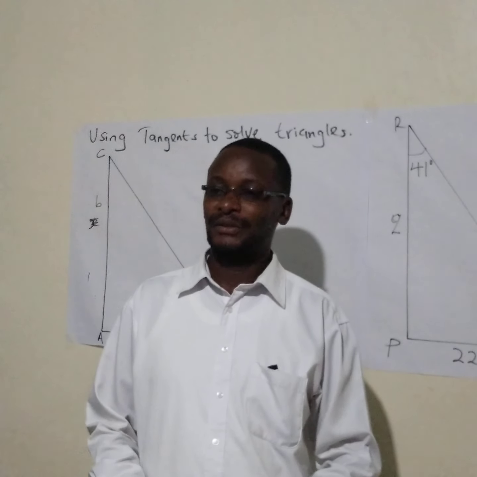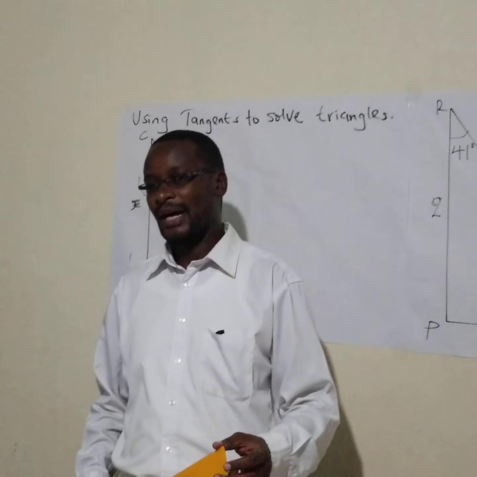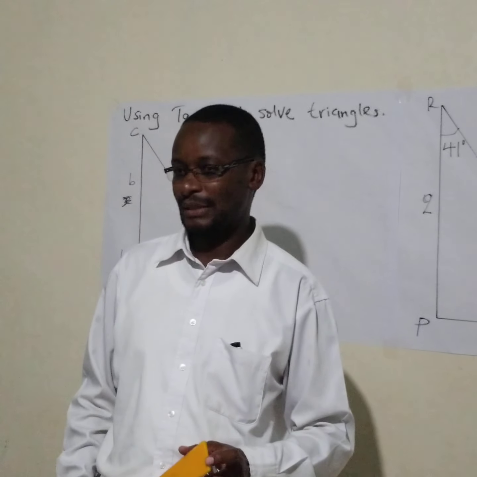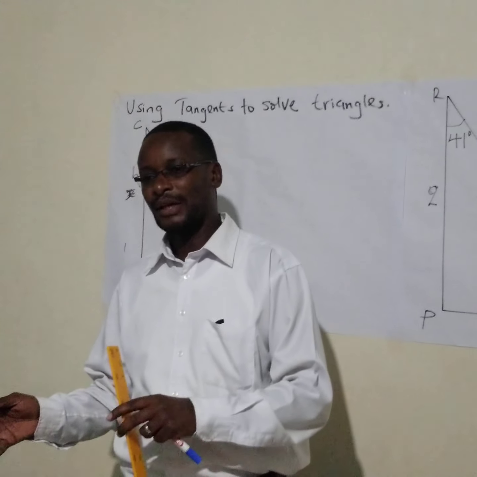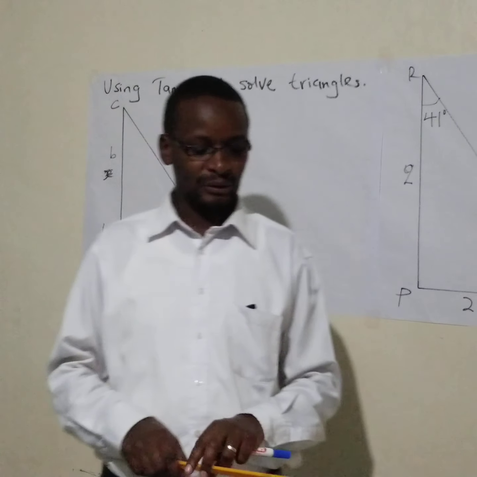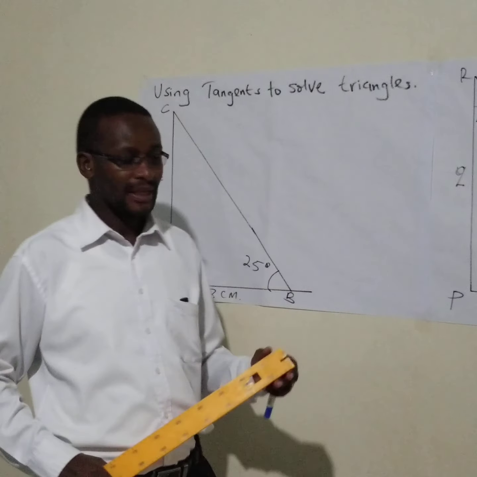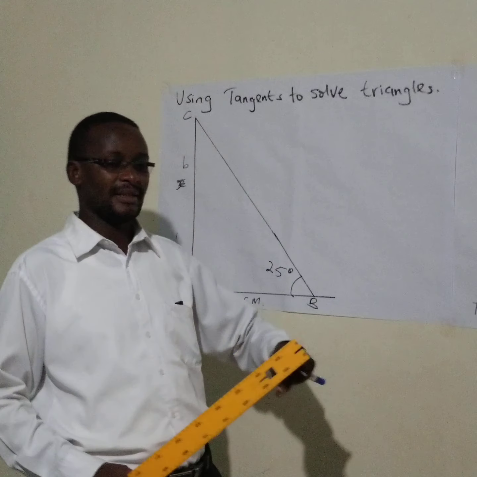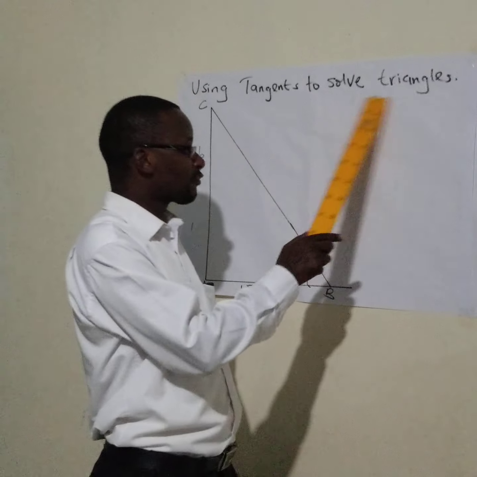In the previous lesson, we learned how you can get tangent of acute angles from mathematical tables, and also, given the tangent of an acute angle, how you can go back and get the same angle. Today, we are going to move a step further and see how you can use those tangents, the ones we have gotten from the mathematical table, to solve triangles.